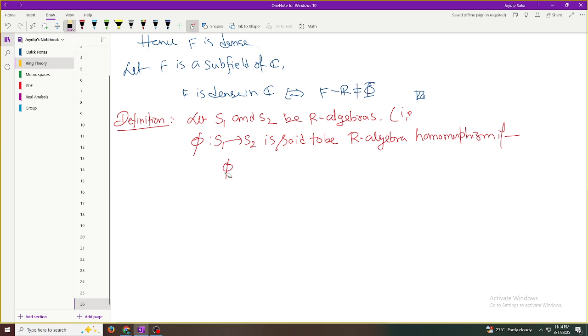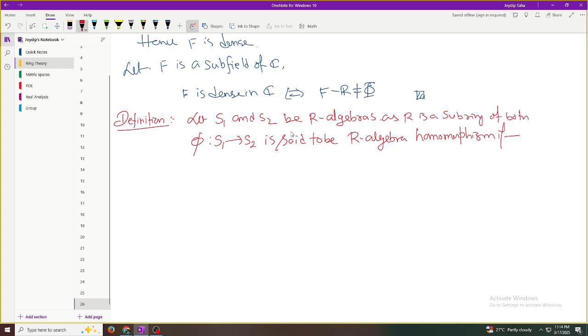there is a map R to S. So here you can think, I write it in a specific way for this problem: R algebras as R is a subring of both.